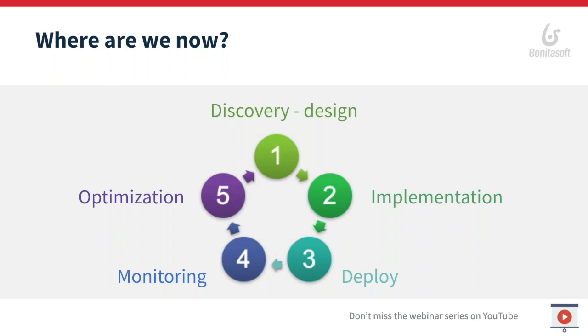Then you are going to implement your application, develop it, implement everything, design it. And then in the third phase, you are going to deploy it. And that's what we have seen in the 4th chapter of this webinar. Now that your first project is deployed and is running in production, what's next? What do you have to do?